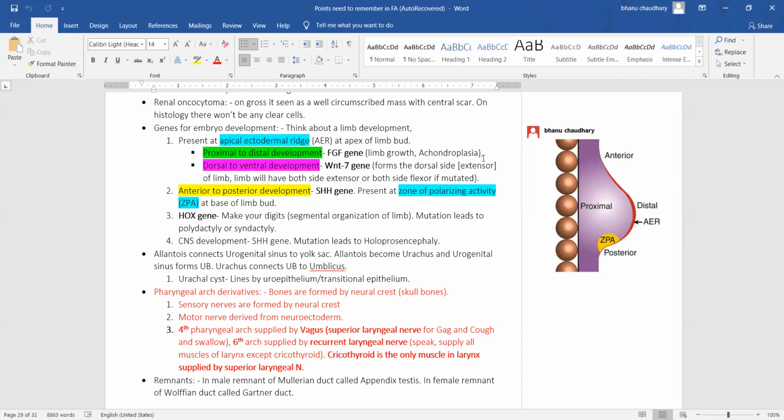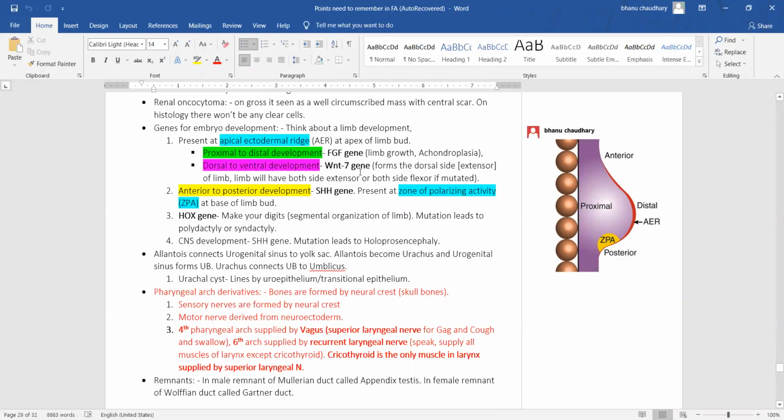So this Wnt7 gene will decide what structures are going to be on the ventral side and what structures are going to be on the dorsal side. It forms the flexor group on the ventral side and the extensor group on the dorsal side. So this is the function of your Wnt7 gene.